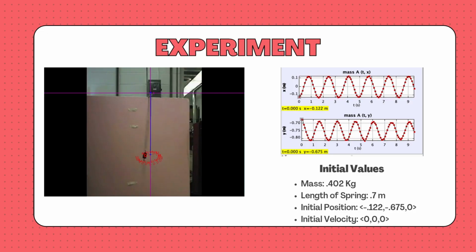Some of the initial values that we needed for this experiment were that the mass was 0.402 kilograms, and the length of the spring was 0.7 meters, and the initial position that the spring mass system started in was negative 0.122 in the x direction, negative 0.675 in the y direction, and 0 in the z direction. And the initial velocity was 0 as it didn't have any velocity when it was starting.